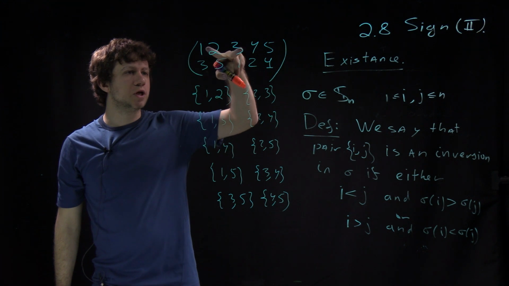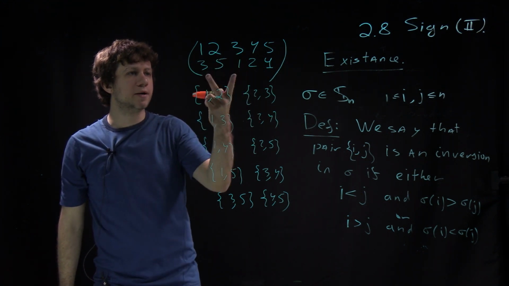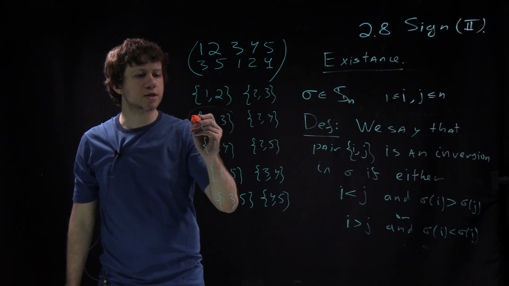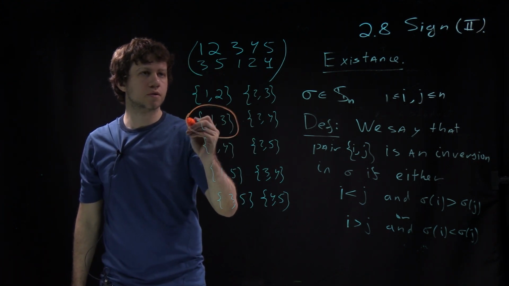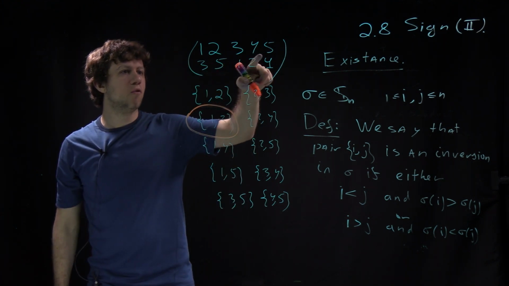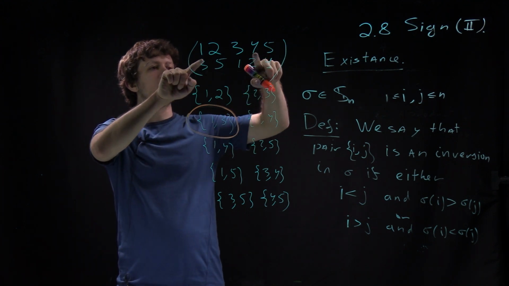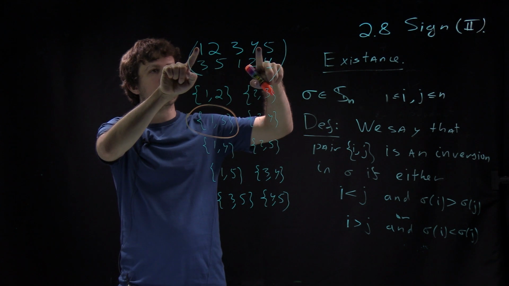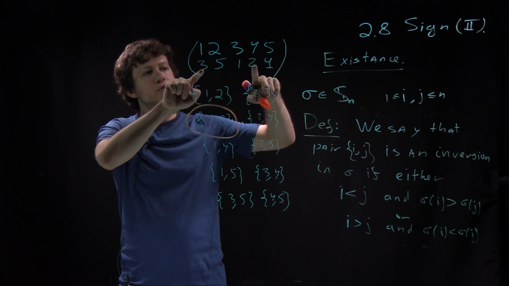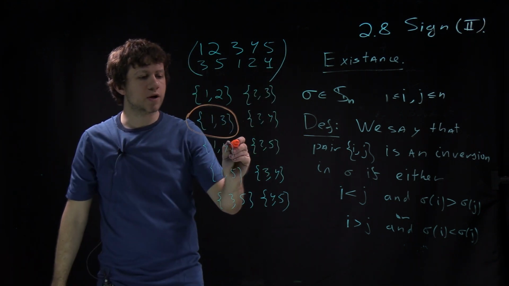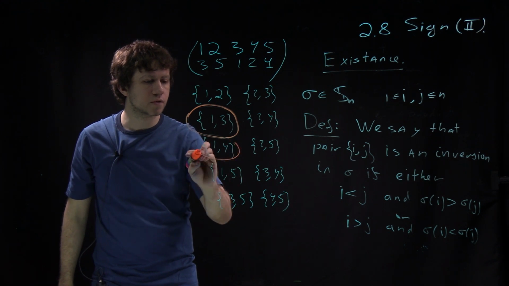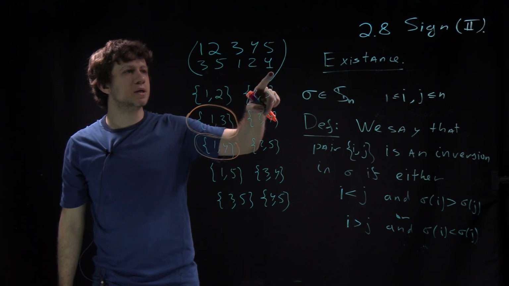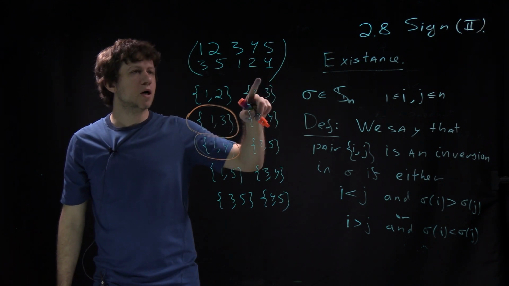Then 1, 3 goes to 3, 1, and this is where we have the switching. So 1, 3 is an inversion. And 1, 4 goes to 3, 2: 1 is less than 4, but 3 is bigger than 2, so 1, 4 is an inversion. And 1, 5 is not an inversion.